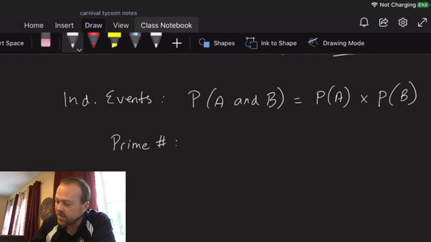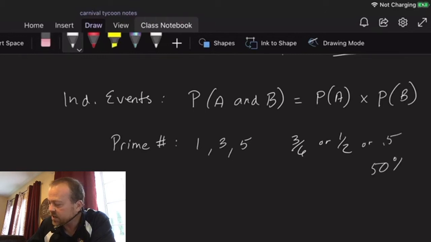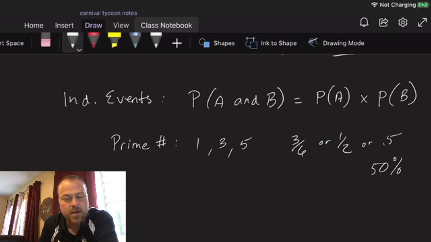So let's see, on a die that would be 1, that would be 3, and that would be 5. So on a die, there are 3 out of 6 of the rolls that are actually prime. That's a pretty high percentage. That is 1 out of 2, or 0.5, or 50% chance of getting a prime number when you roll a die.